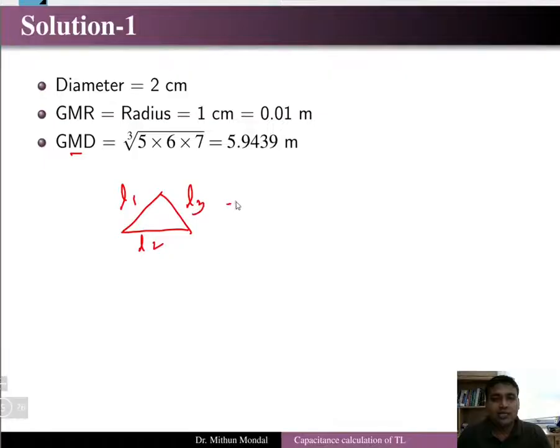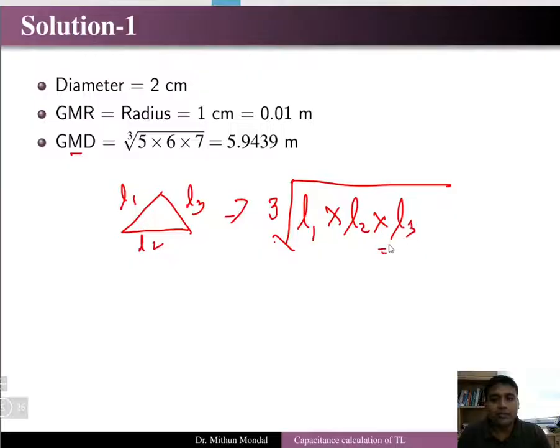The GMD is basically the cube root of, because three conductors are involved, L1 multiplied with L2 multiplied with L3. So here distances given are 5, 6 and 7. So the cube root of this is 5.9439 meter.